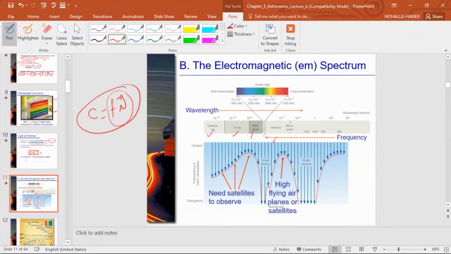And then you have microwaves, and you know that in every kitchen you have a microwave, and your communication with mobiles is done with microwaves. And then you have the UHF and the VHF, that's basically the ultra high frequency and the very high frequency.